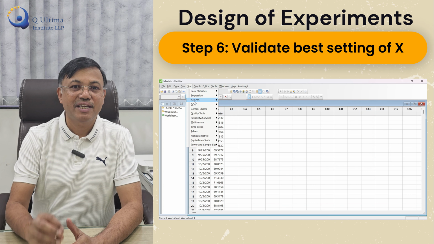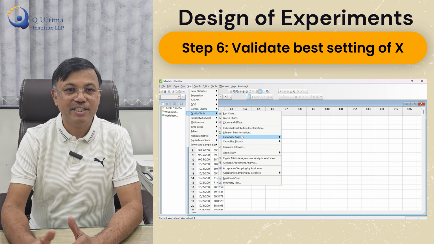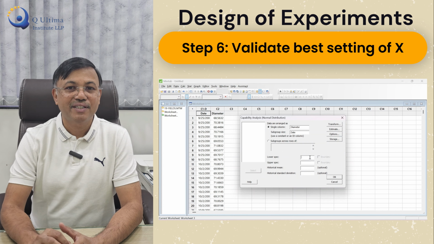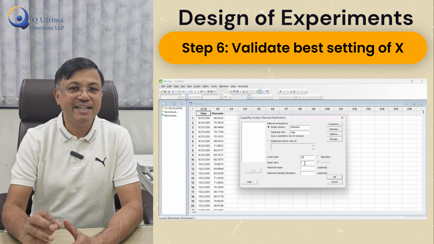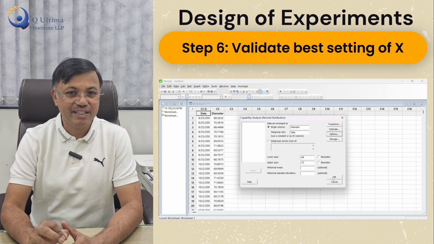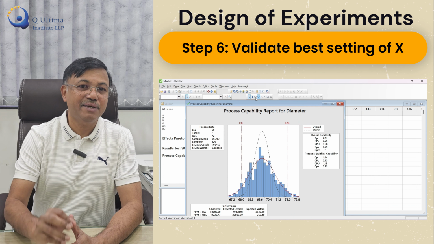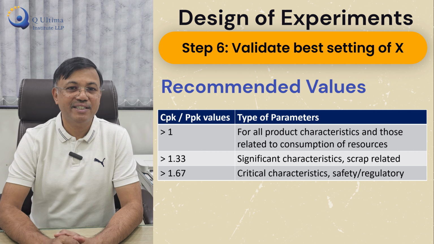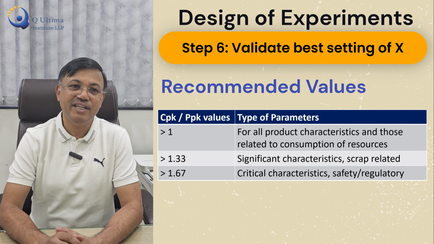We then use capability studies like calculating Cp, Pp, Cpk, Ppk to confirm that the new settings consistently meet customer requirements, showing that our Y is not just better but predictably and reliably better. Only after successful validation is the new process officially adopted.